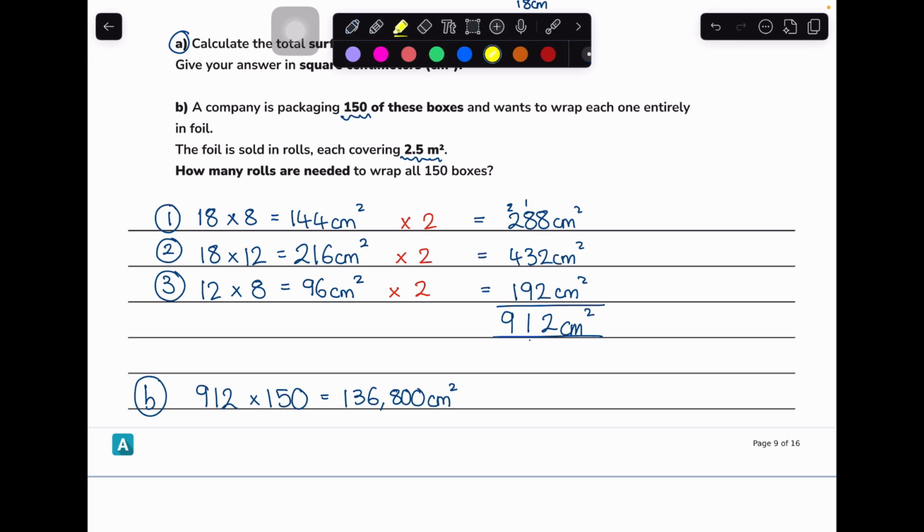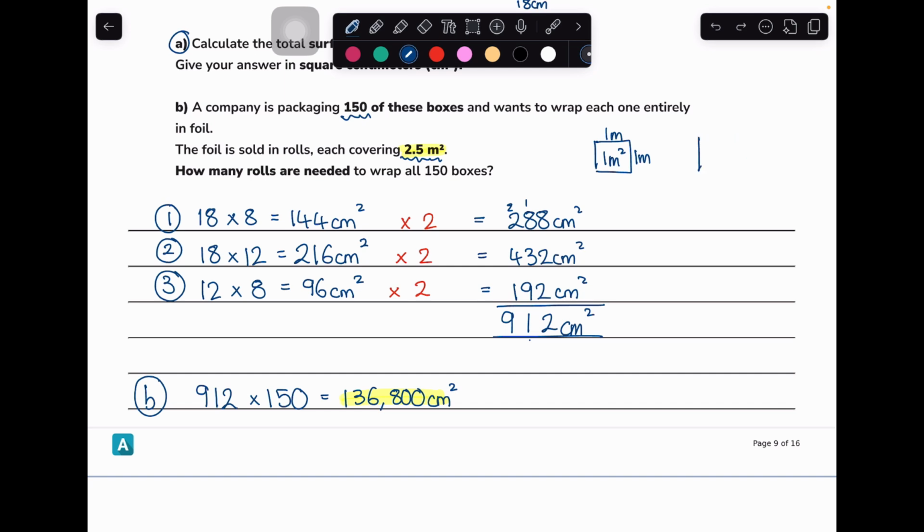So I need to know how many rolls are required to cover all of these boxes. So what I'm going to need to do is either convert this answer into meters squared or convert this meters squared into centimeters squared. Okay, so I'm going to think about my conversion. If I have 1 meter by 1 meter, that gives me 1 meter squared.